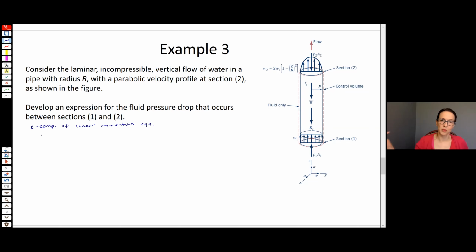We're just going to assume right off the bat that this is steady flow. We're not even going to write down that d by dt term. We just know it's 0. It's not even going on the page, right? So we'll skip right to those terms that represent the flow of linear momentum across the control surface.